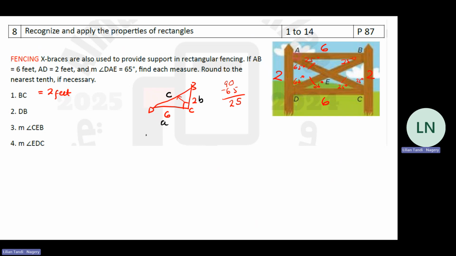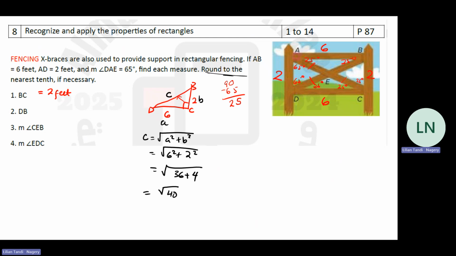So C equals the square root of A squared plus B squared, which is 6 squared plus 2 squared, which is 36 plus 4, which is the square root of 40.